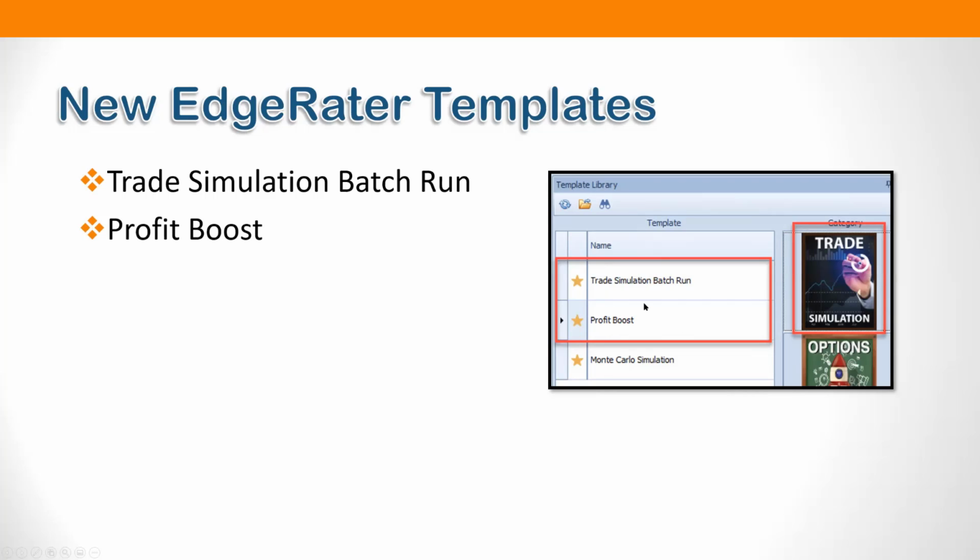The profit boost template is the real thing that does the tagging of a trade list and the Monte Carlo simulation of the trade list to produce the file that we just looked at. But the trade simulation batch run is a very useful template that allows you to do trade simulations quite easily because there are some pre-built configurations already in there. So we'll take a look at both of those in the next half an hour.